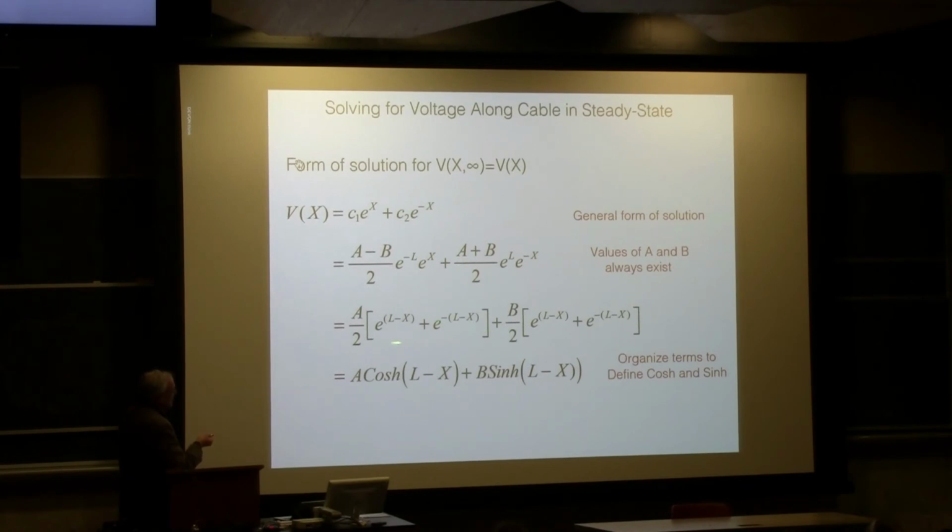This is just the hyperbolic cosine of L minus x, and this term, with the divided by 2, is the hyperbolic sine of L minus x. So this is just massaging the form of the solution. It can always be written in this manner.